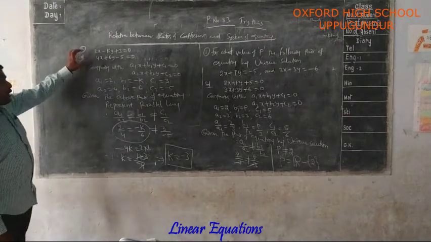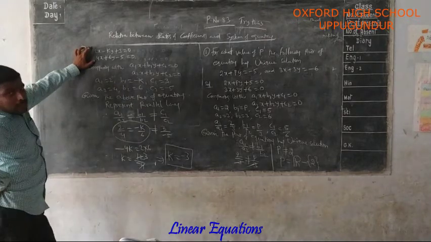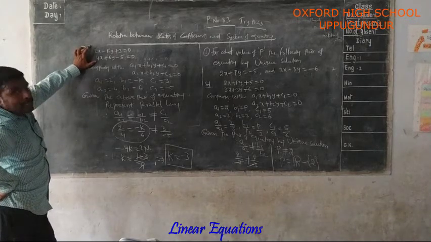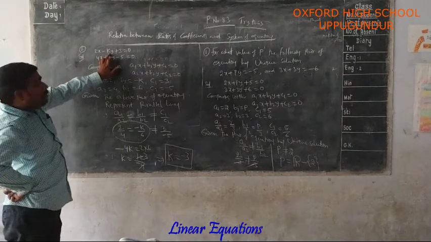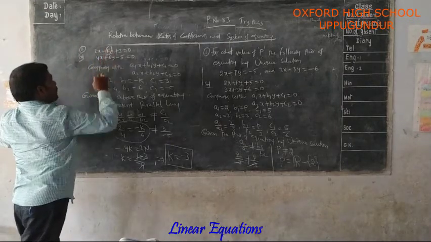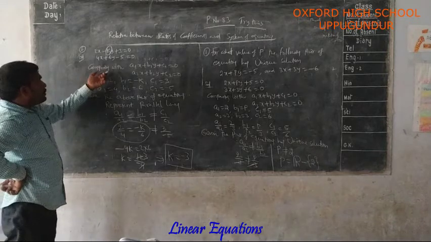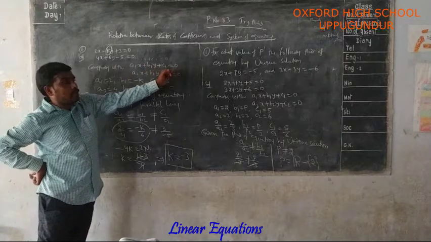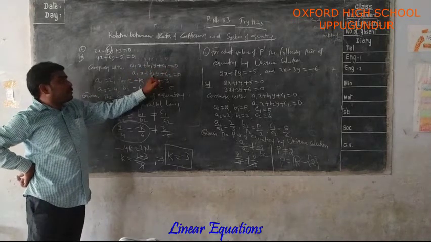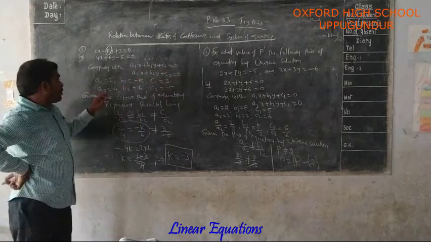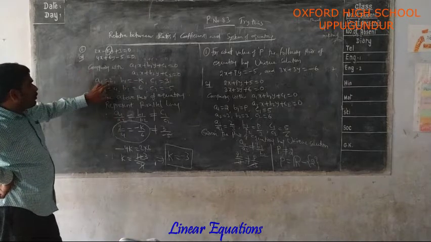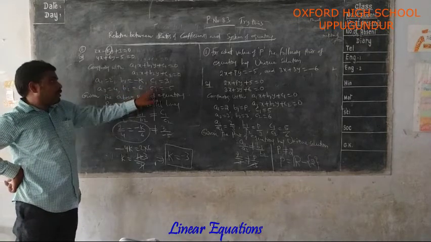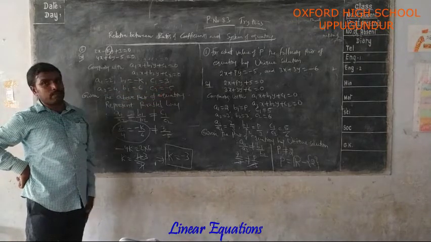So in this problem they gave these two linear equations, and the condition they gave is that the pair of equations represent parallel lines. Then you have to find the value of the unknown coefficient k. Comparing these equations with the system a1x plus b1y plus c1 equal to 0, a2x plus b2y plus c2 equal to 0, a1 equal to 2, a2 equal to 4, b1 equal to minus k, b2 equal to 6, c1 equal to 3 and c2 equal to minus 5.